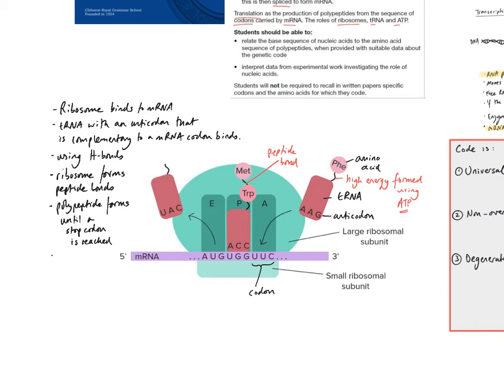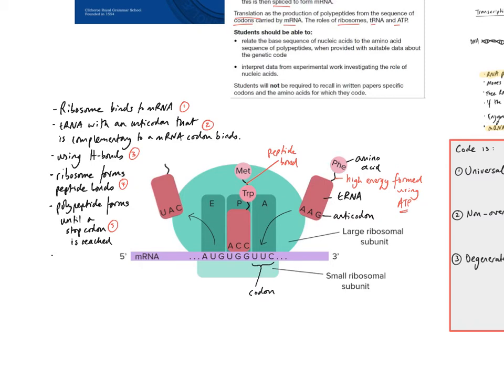So I've got 1 mark there, 2 marks here, 3 marks for hydrogen bonds, 4 marks for peptide bonds, 5 marks for it's making a polypeptide or protein until it reaches a stop codon. The other mark is, well, until it reaches.